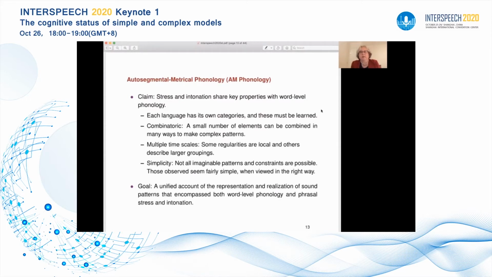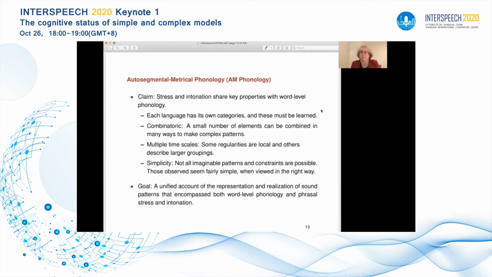Now, the next theory I'd like to talk about is the autosegmental-metrical theory of phonology. And a central claim in this theory was that stress and intonation share key properties with word-level phonology. So in particular, each language has its own categories, and these must be learned.